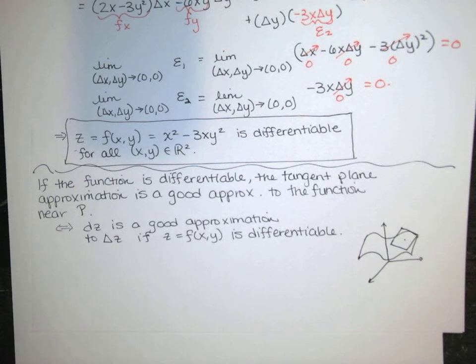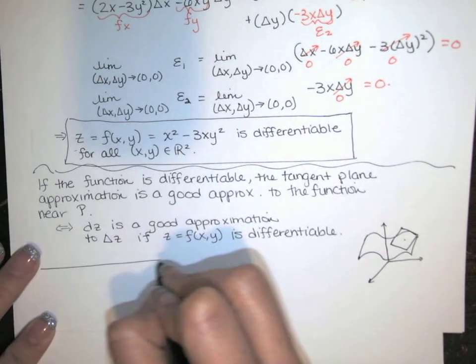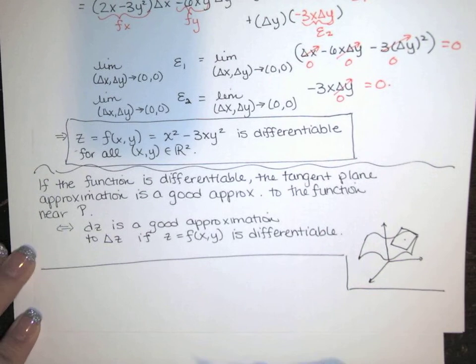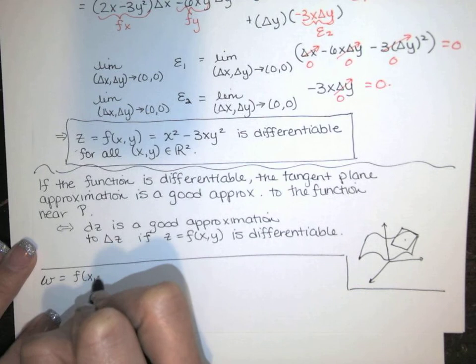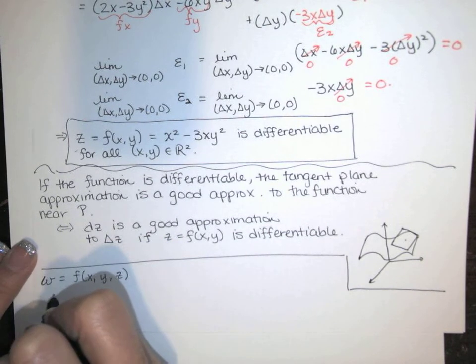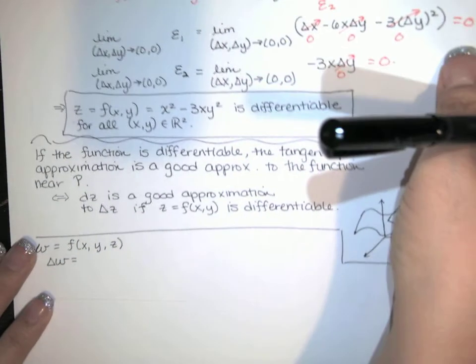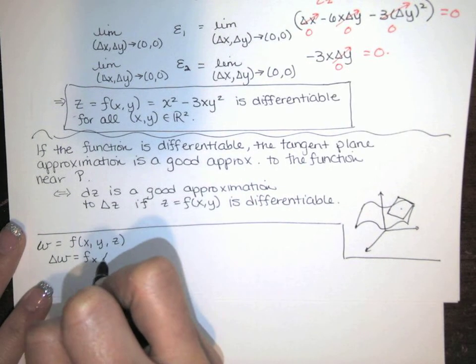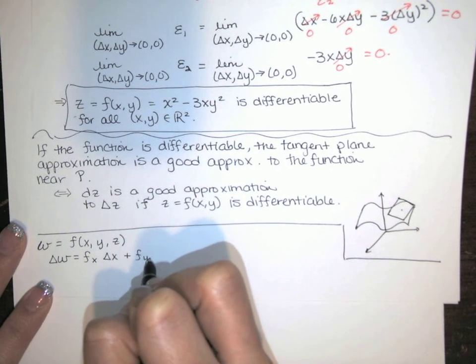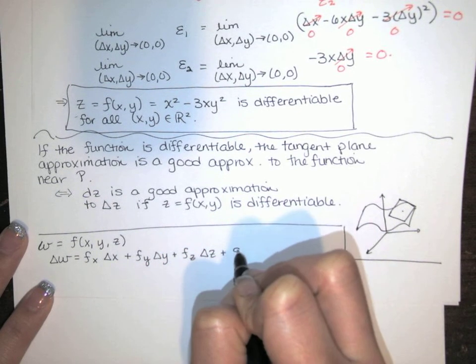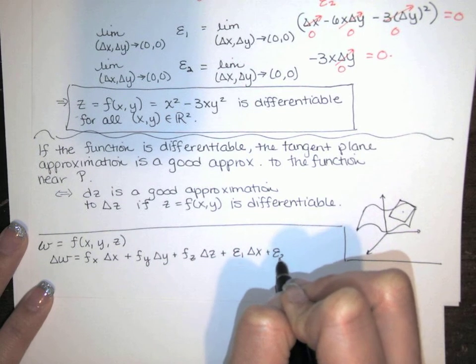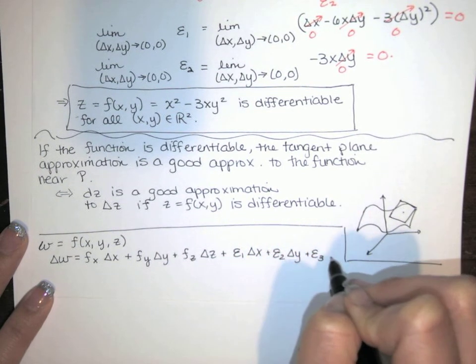Okay, so I also promised you that in this video we would talk about differentiability for functions of 3 variables. And I bet you can guess. If w is a function of x, y, and z, well, if delta w can be written this way, partial of f with respect to x times delta x, plus partial of f with respect to y times delta y, plus the partial of f with respect to z times delta z, plus something times delta x plus something else times delta y plus something else times delta z.